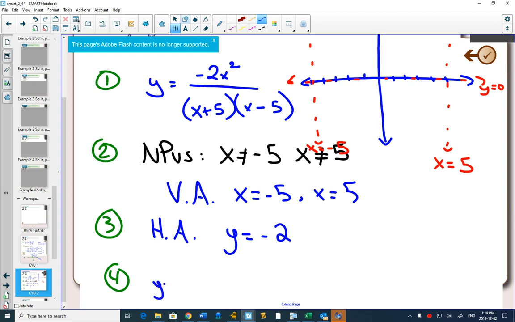So we always find out our x-intercepts and y-intercepts. Yes? Oh, sorry, thank you. Oh, look at that. Horizontal one's going to be at negative 2. Thank you.